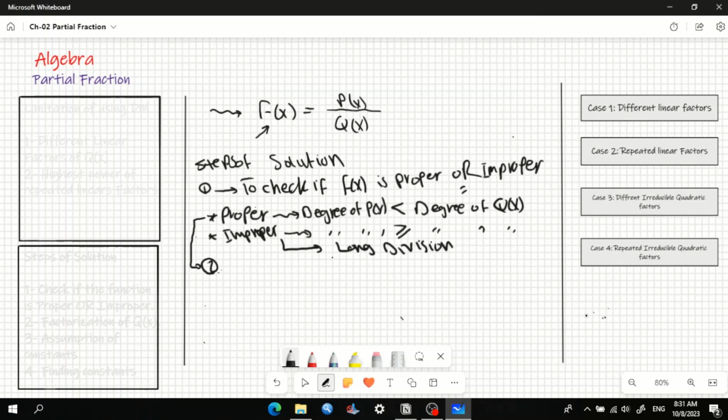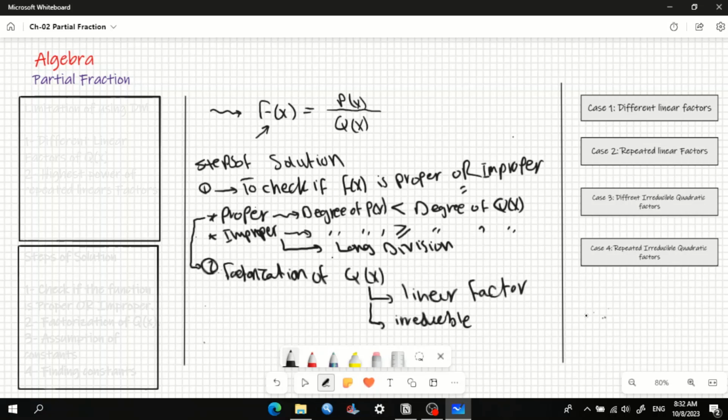Next step is to factorize u of x. So the next step is factorization of u of x into linear factors or irreducible quadratic factors. The third step is to assume the constants.